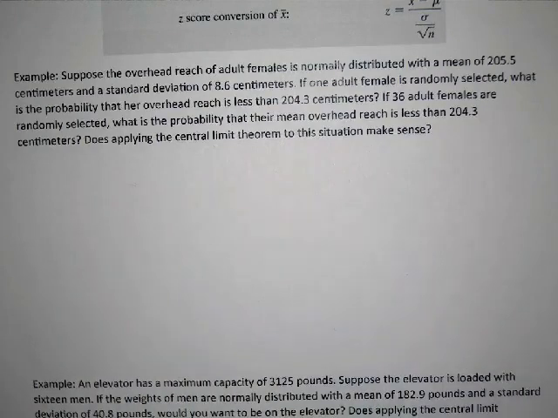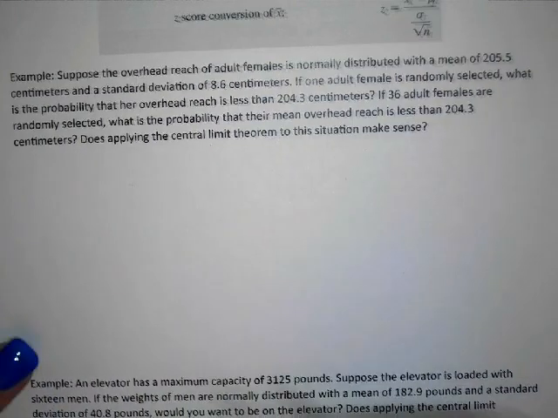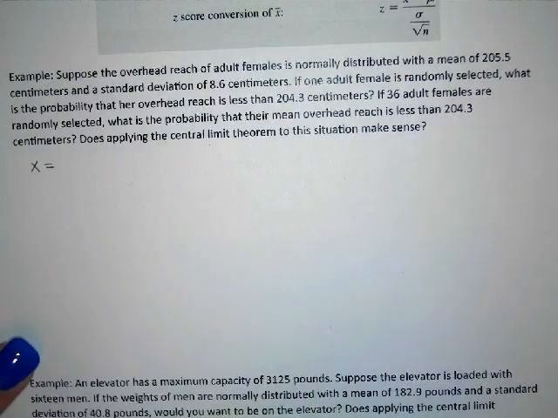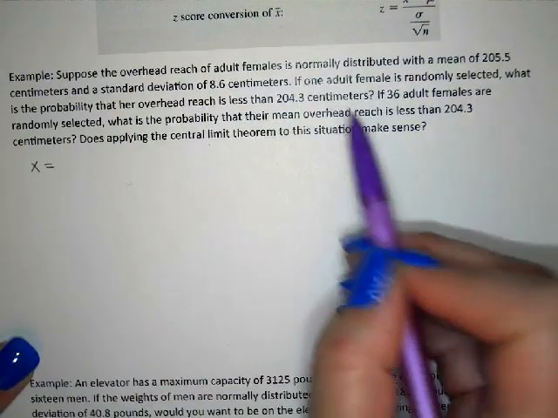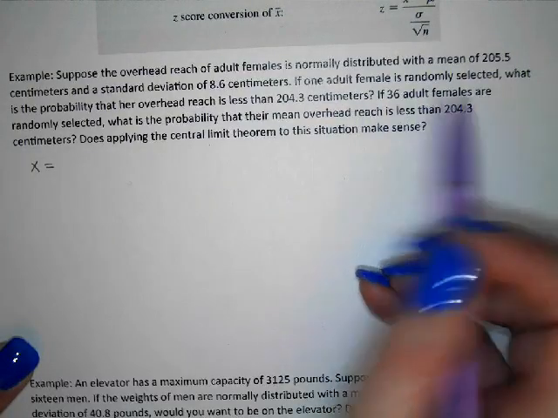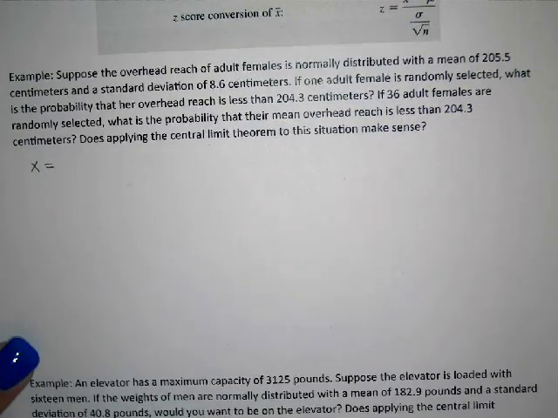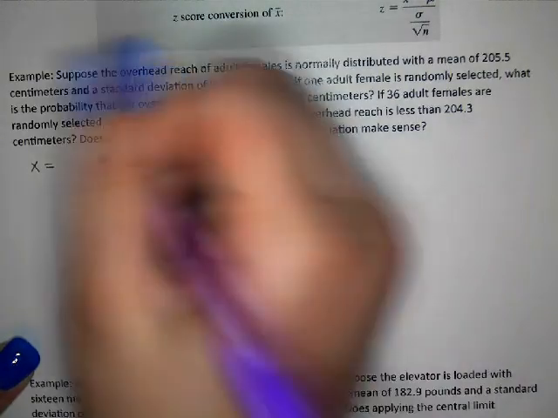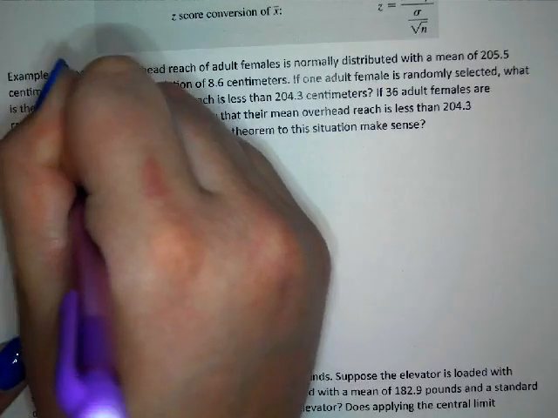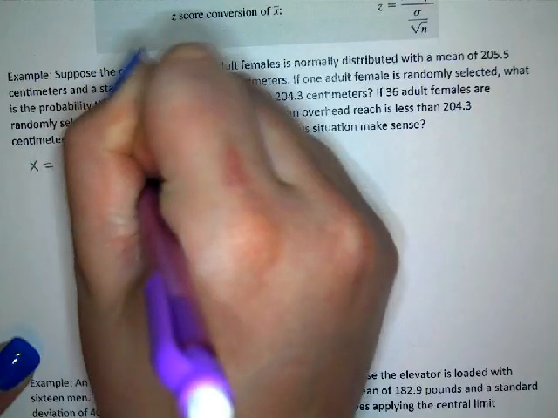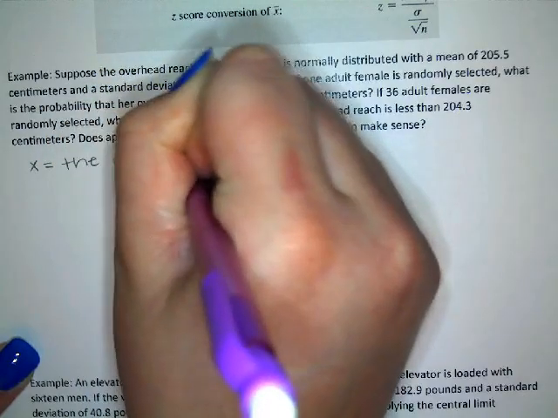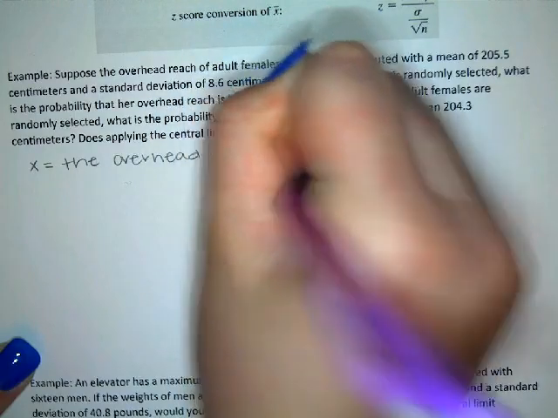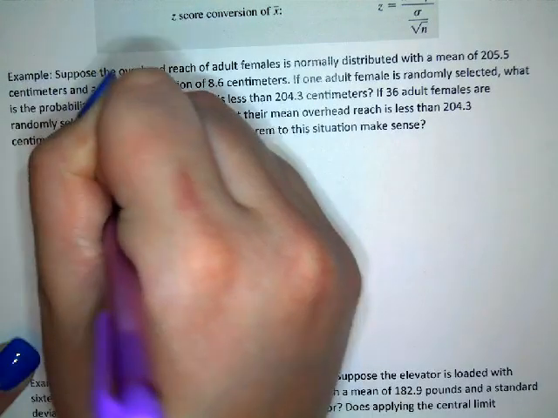So first we're going to define our variables. So x, for that first question, if one adult female is randomly selected, what is the probability that her overhead reach is less than 204.3 centimeters? We're going to say x is the overhead reach of one adult female.